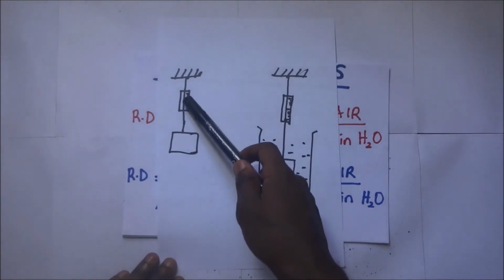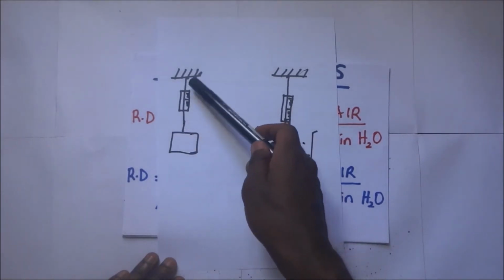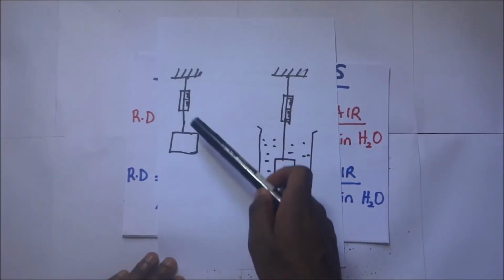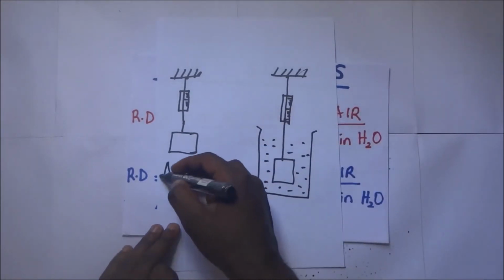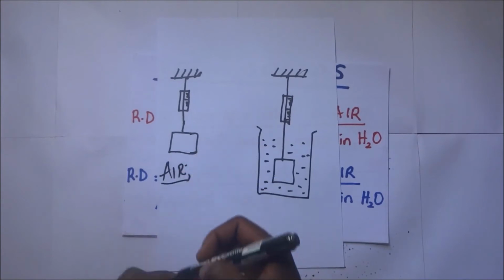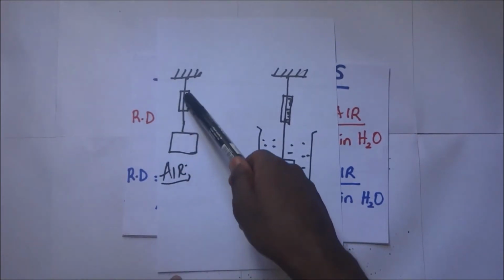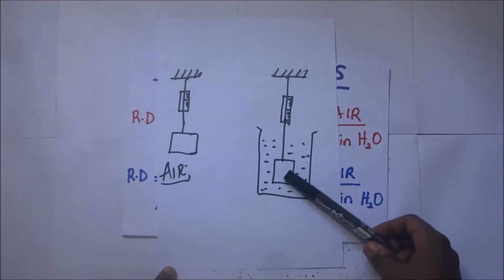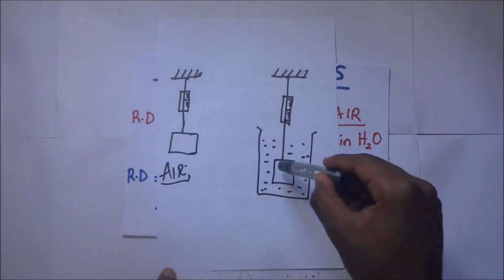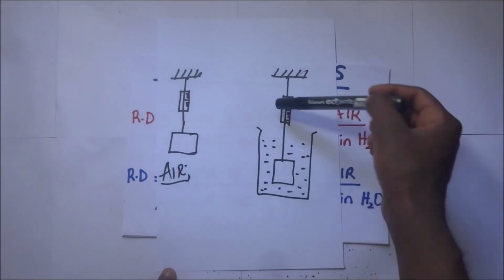This right here is probably a spring balance, and this is a support of this spring balance, and this is a solid. This is a solid in air, and definitely when it is in air, we will be able to read off its weight. Now, we can still bring this solid and put it in water and still read the spring balance.